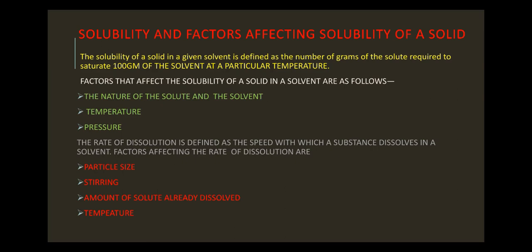Saturate means that a particular amount of solute will dissolve in that solvent at a particular temperature, and after that no more solute can be dissolved in it. When the saturation point is reached, that amount is called the solubility of the solid: this much solid can be dissolved in 100 gram of solvent.